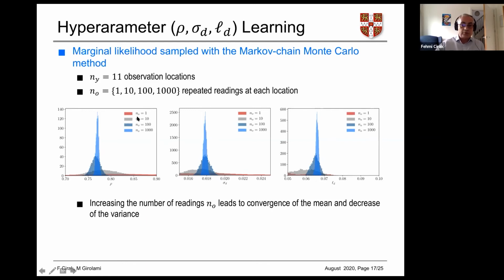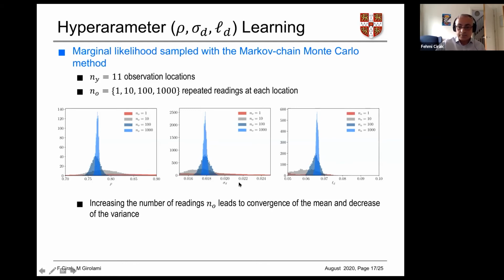So if we now make 10 readings at each of these 11 locations, then we get these density histograms starting to get more focused, right? But if you make 100 readings, then we have a well-defined maximum.